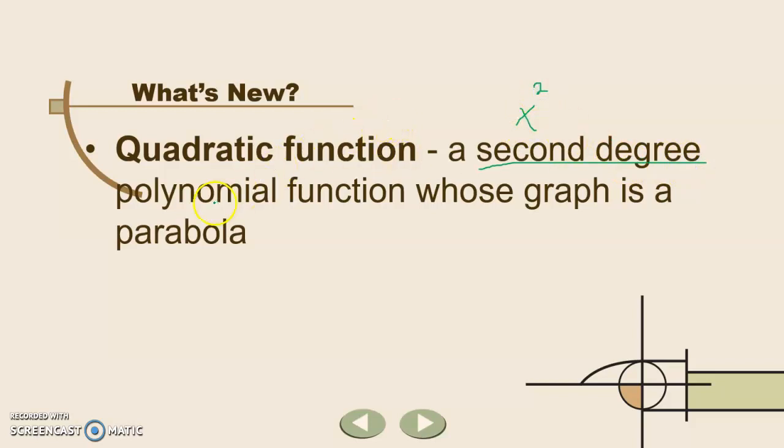It is a second degree polynomial function whose graph is a parabola. A parabola is this shape. So it's either going to be a parabola facing up or a parabola opening down. But a quadratic function is a second degree polynomial whose graph is a parabola. That's the important information that you need to know right now. We'll get into that in more detail a little bit later.